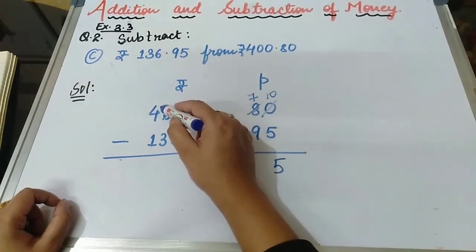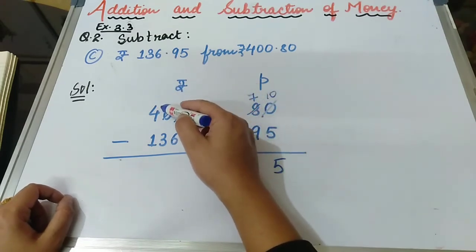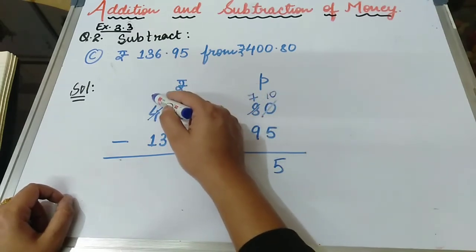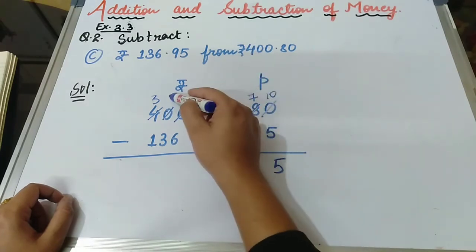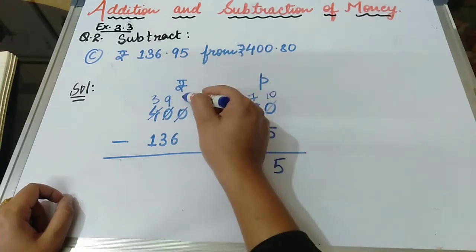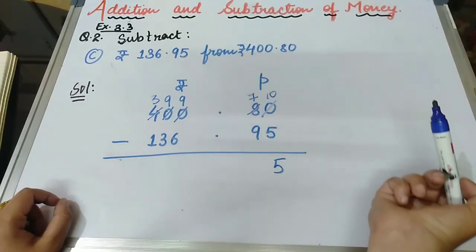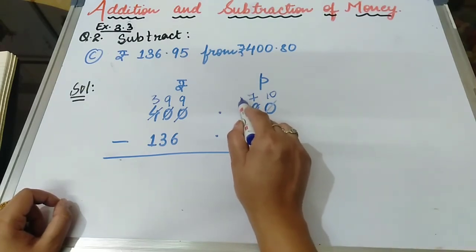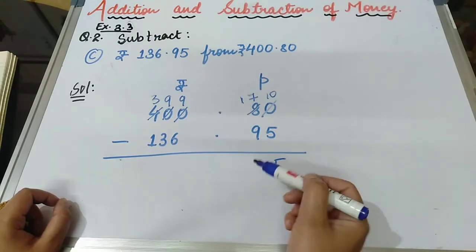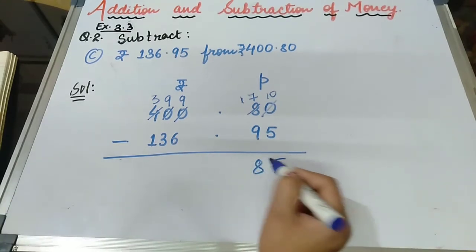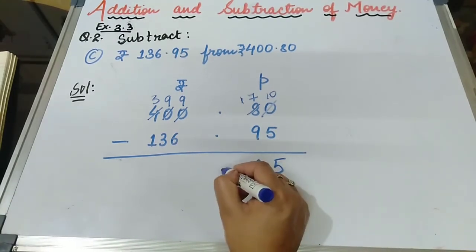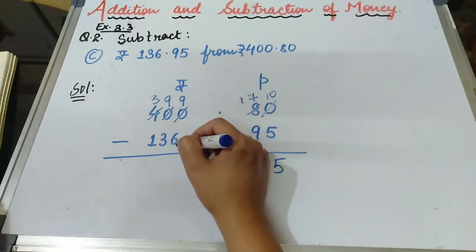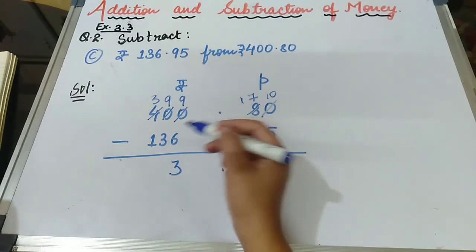And as we all know, from where we borrow, it will reduce, so this will become 3, and this will become 9, and this will also become 9. Okay, so this will now become 17. 17 minus 9 is 8. Now we will put the dot over here. Now 9 minus 6 is 3.